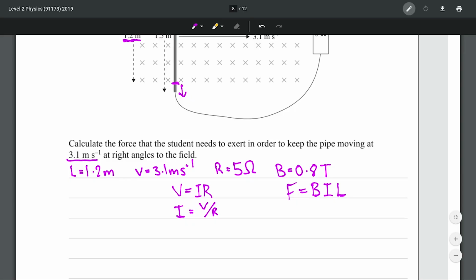The voltage can be given by this equation on your formula sheet, that the voltage for a length of wire moving in a magnetic field is given by B v L. And so we've really got three substitutions here. I could substitute it 3 times algebraically, but that can get a little bit messy, so I'm just going to calculate it 3 times.